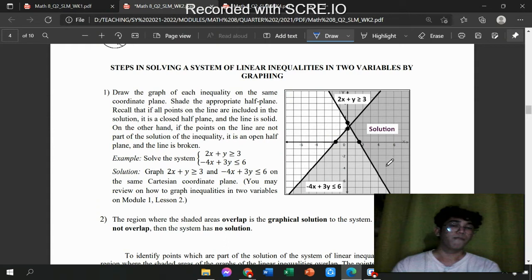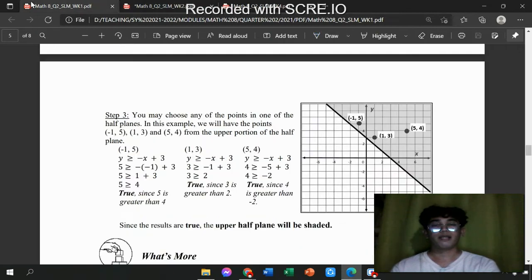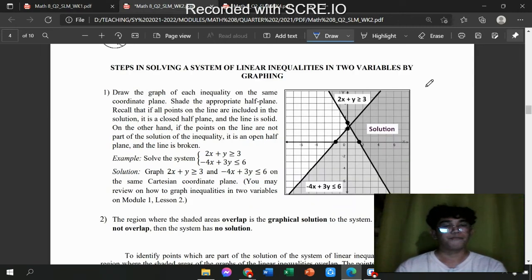Magpili pa tag isa, magpili pa tag duha para tulo. So kung true tanan ang mogawas, parehas atong gibuhat sa module 1, ato ning shadean. Same with the second inequality.